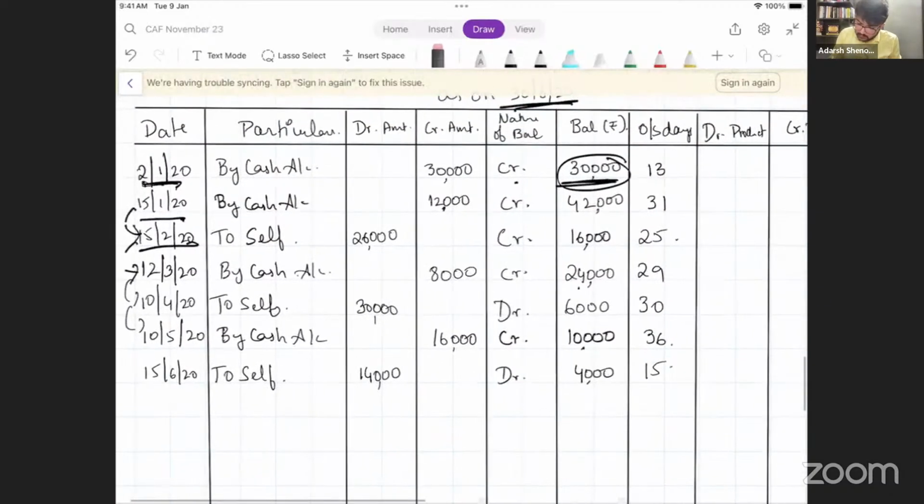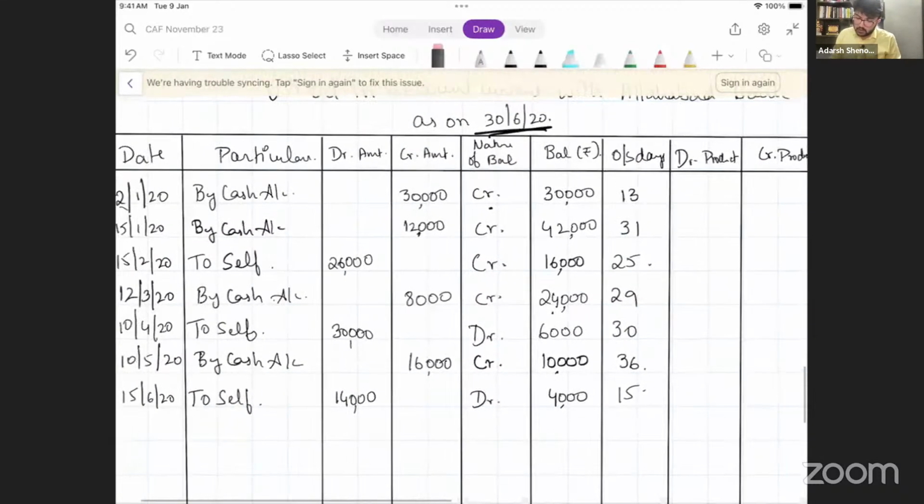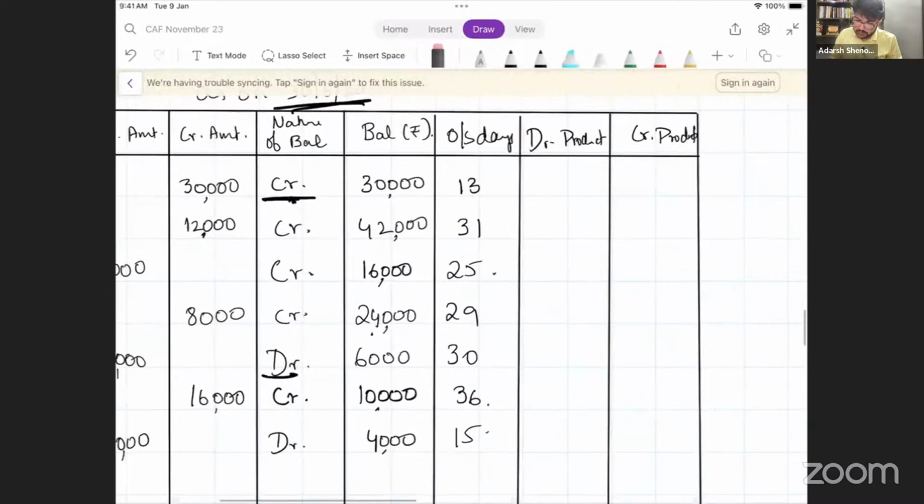After this, we will have to calculate the product. The product calculation is very simple. You should multiply the outstanding days with the balance and see what is the nature of the balance. If it's credit balance, you write it under credit product. If it is debit balance, write it under debit product. Simple. So 13 into 30,000, this is credit product because the balance was credit.